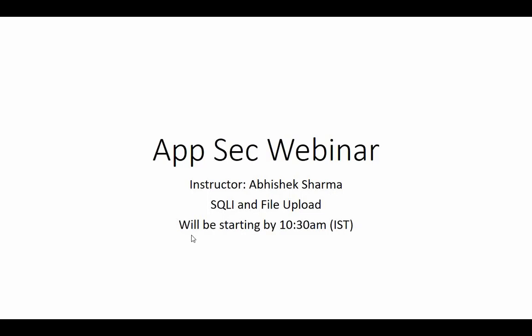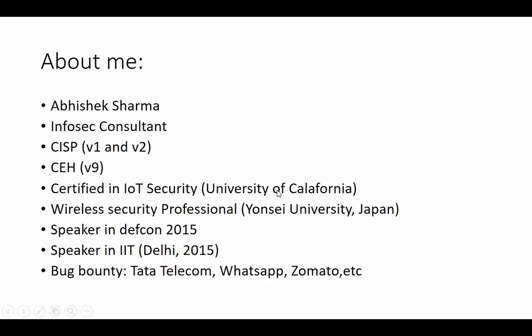First of all, let me introduce myself for the newcomers. This is Abhishek this side. I'm an InfoSec consultant, and have worked for various major MNCs and consultancies. I've done my certifications as CEH and CISSP, and I'm certified in IoT security from University of California and wireless security professional from Yonsei University in Japan.